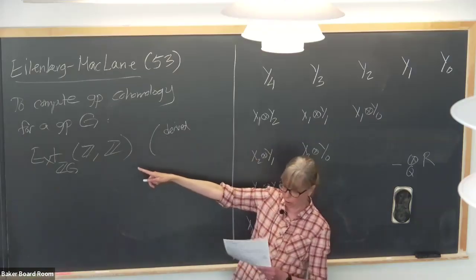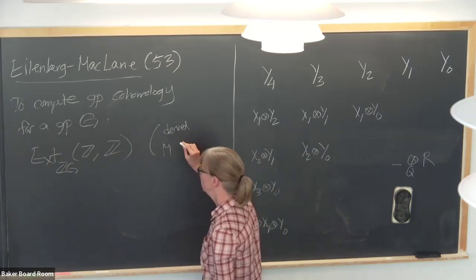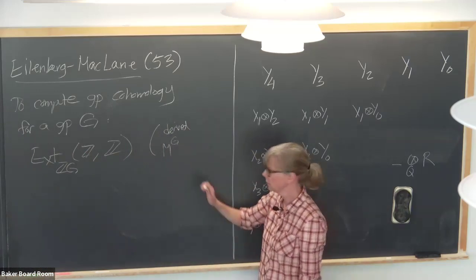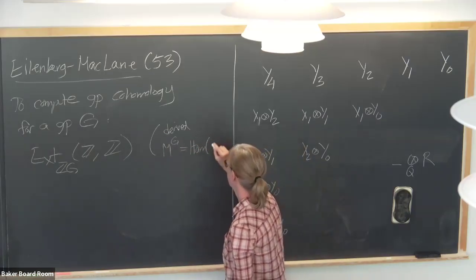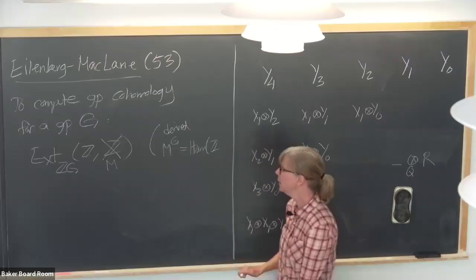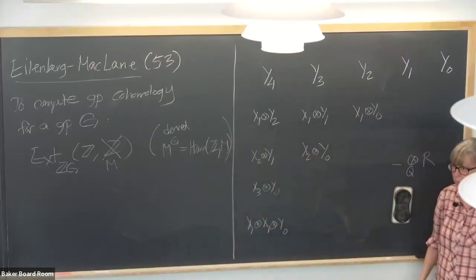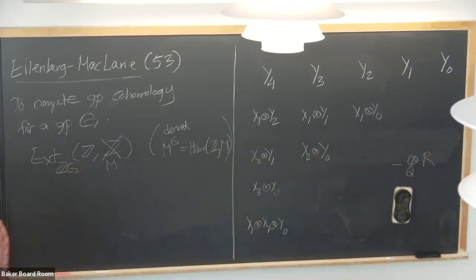You could also put a Tor, but I'll do this one. I'm confused because I put upper G in my notes, but it doesn't sound right, but whatever. So instead of Z, I could put any G-module M here. And so Hom over ZG of Z and M gives the coinvariants. So these are the derived functors of that.